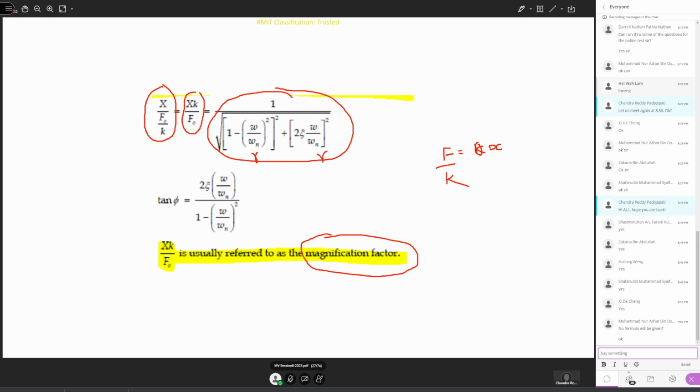Similarly, the phase can be calculated from this equation, which you can simply write as 2 eta r over 1 minus r square.